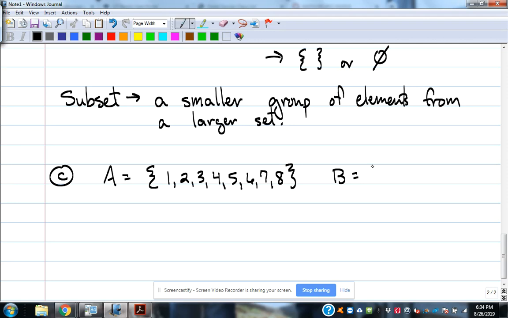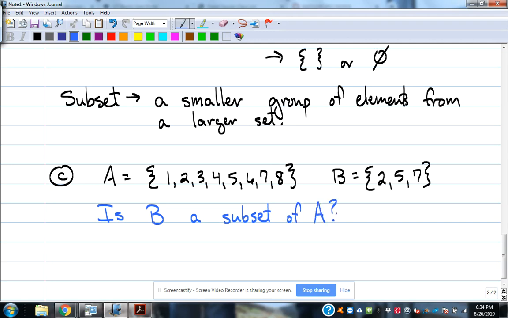Set B, 2, 5, and 7. We have 2 sets there. The question we want to answer is, is B a subset of A? Every element that's in B was in A. So B is a subset of that.